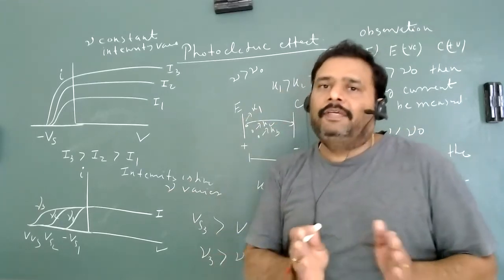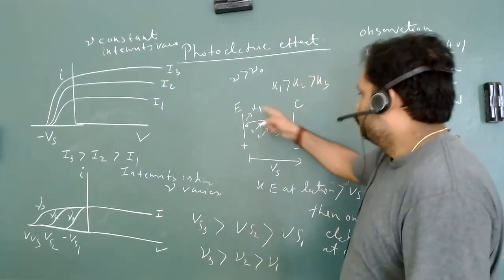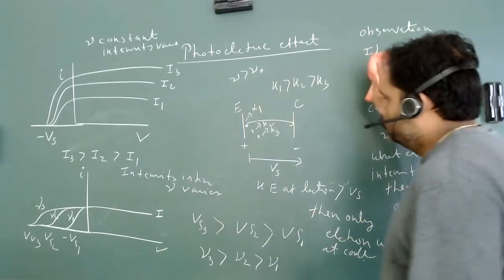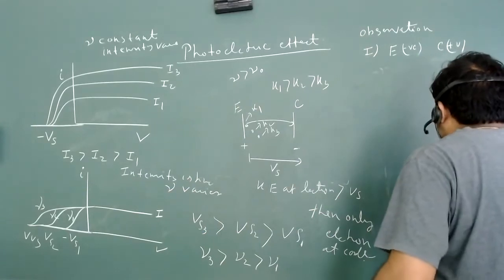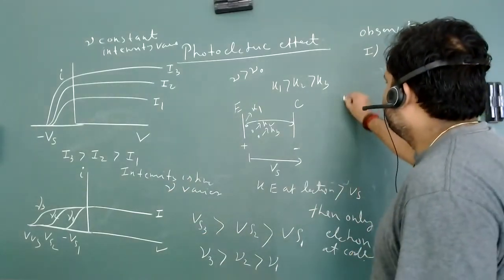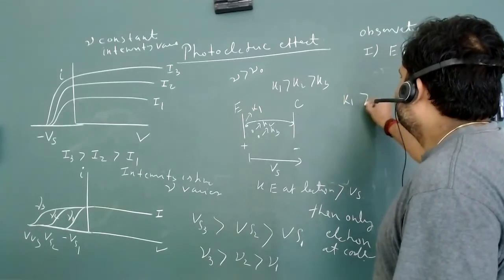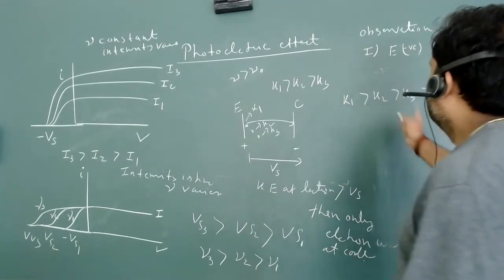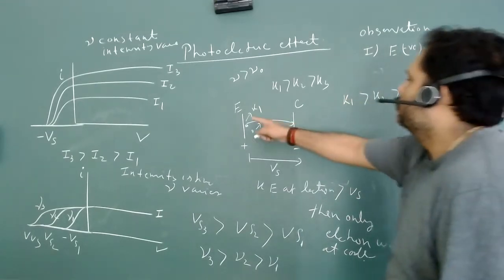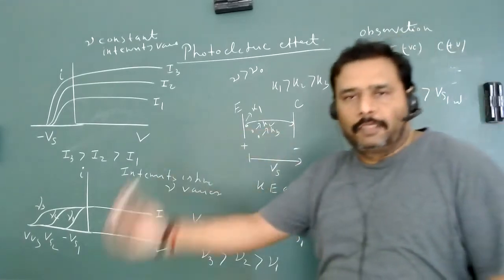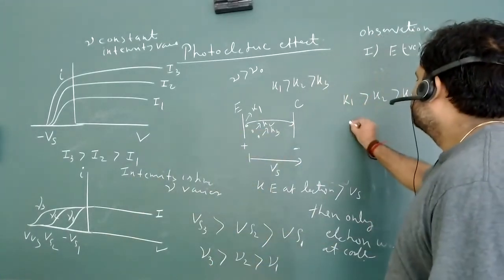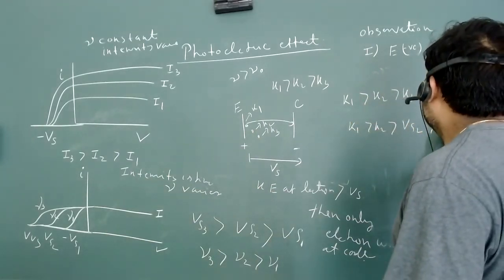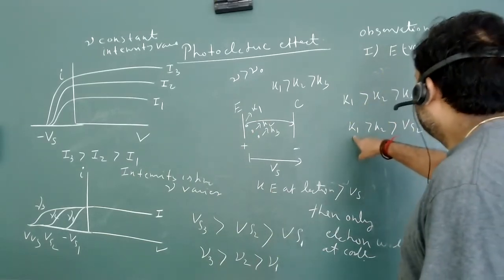Suppose we increase Vs. In case 1, K1 is greater than K2 is greater than K3 is greater than Vs1, so all three electrons will reach the collector because they overcome this potential. In the second case, K1 is greater than K2 is greater than Vs2 is greater than K3, so only the first and second will reach.